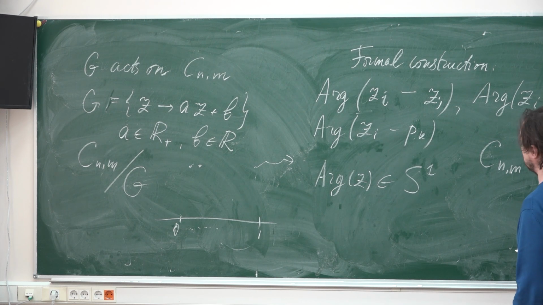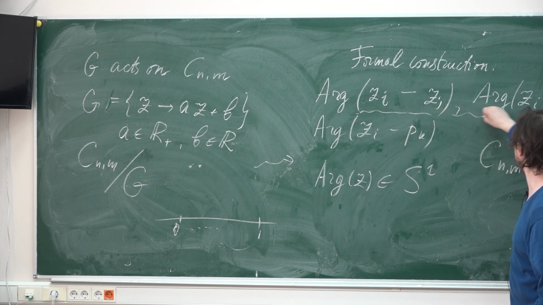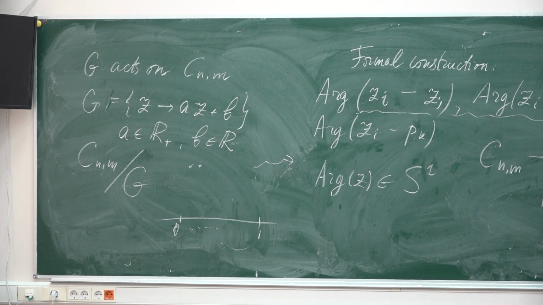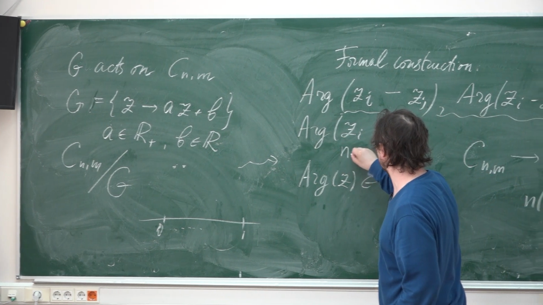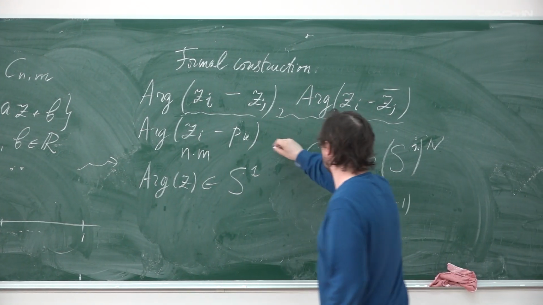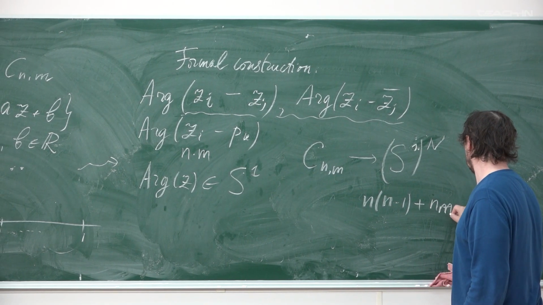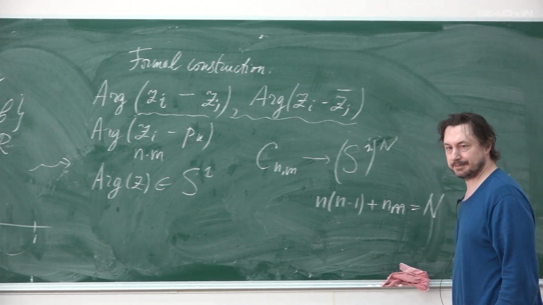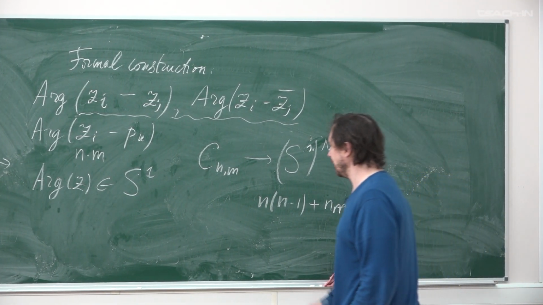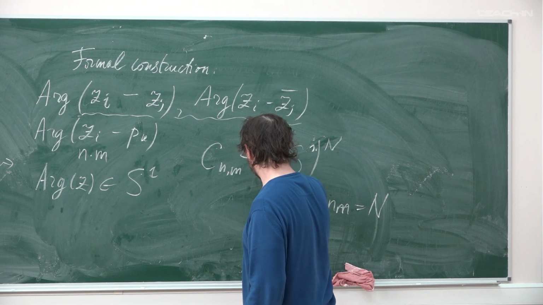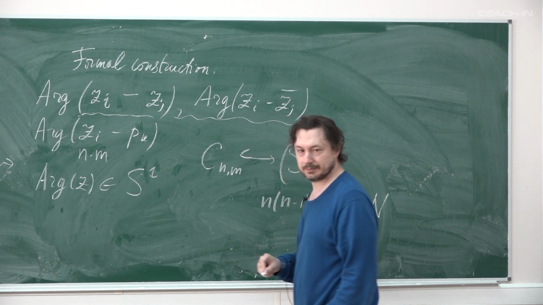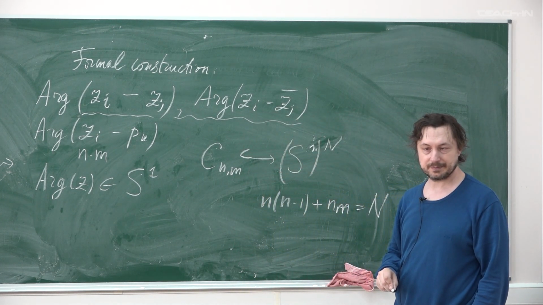Namely, there will be precisely n times n minus 1 circles which come from these kinds of angles, and also n times m angles of this type. So I get this map, and this map is in fact an inclusion. There is a one-to-one correspondence.